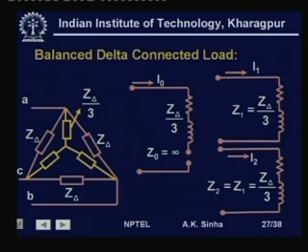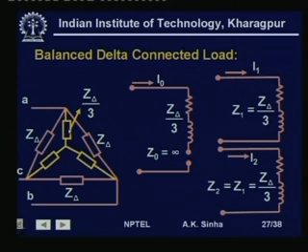Now, if we have a balanced delta connected load, what will happen? Well, it is very easy to analyze this, because we can always convert the balanced three phase delta load into an equivalent balanced three phase star connected load, where if we have Z delta as the impedance value of the delta branches, then the equivalent star branch impedance will be Z delta by 3.